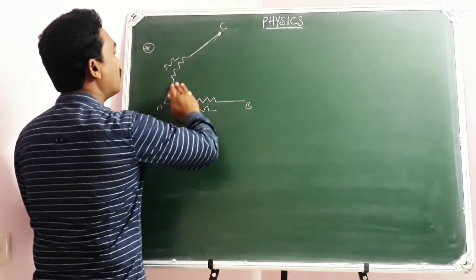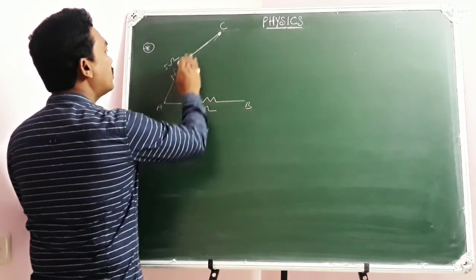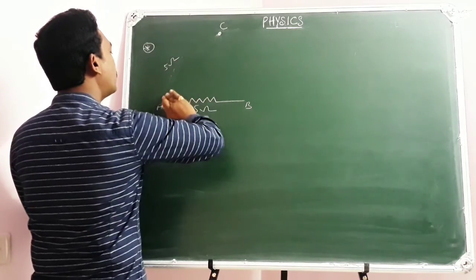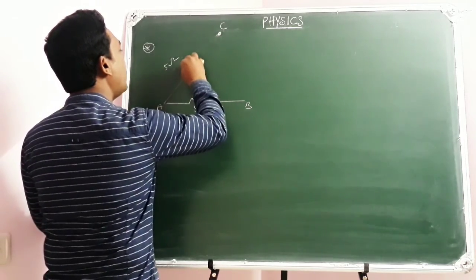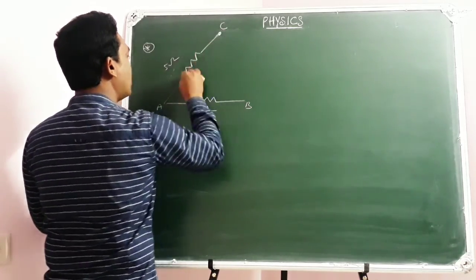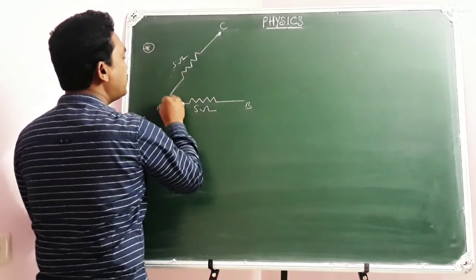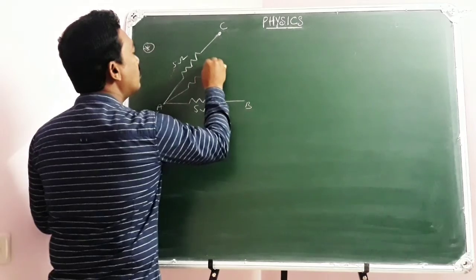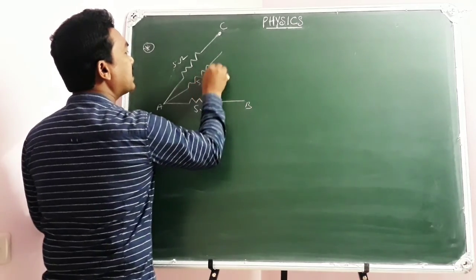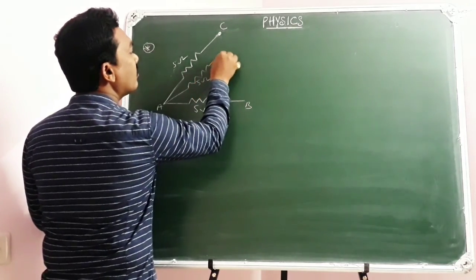No, 1 minute, a small correction in the electric circuit. Suppose there is a resistor in between A and C whose resistance is 5 ohm. And here let me take another resistor whose resistance is also 5 ohm but connected between AD.